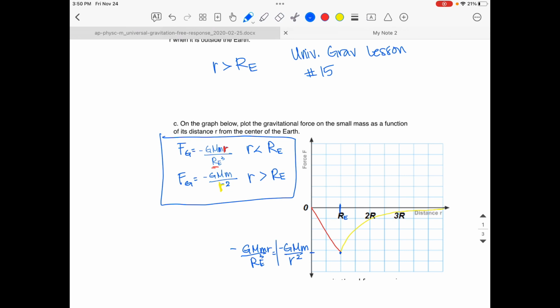So you could just name it. This one, I think, is the simplest form of the two. But when this r equals the radius of the Earth, obviously one of those radius values drops out, and we just have r squared in the denominator. So let me outline this graph. This should be a nice linear graph right here. And then it starts to approach 0.